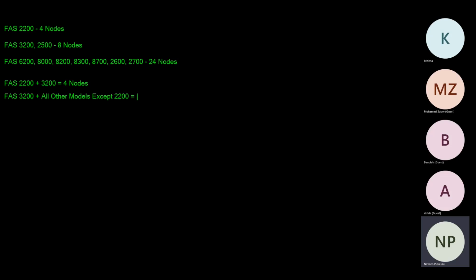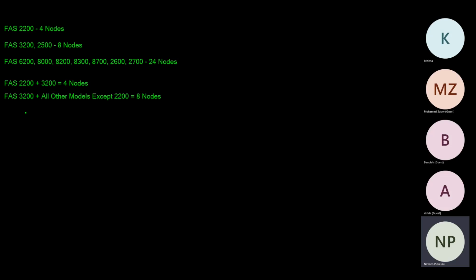But except 2200, if you mix it with any other models, it will be an 8 node cluster, right? If you are mixing 3200 with 8200 or 8000 or 6200, as 3200 will support a maximum of 8 nodes, it will support an 8 node cluster only.